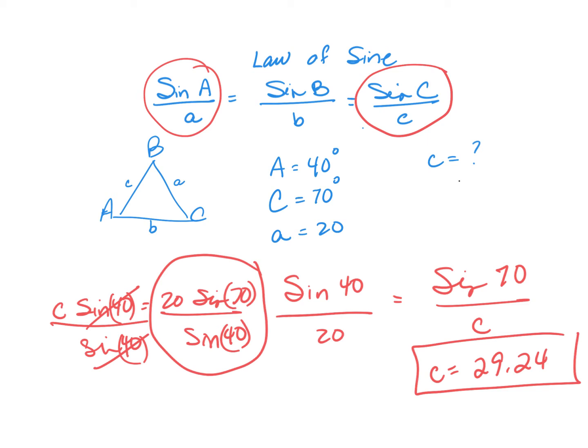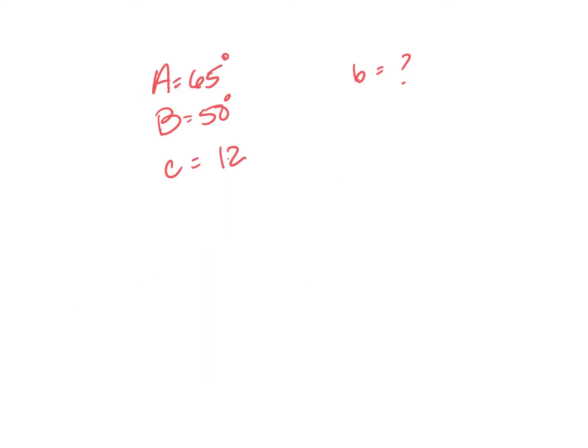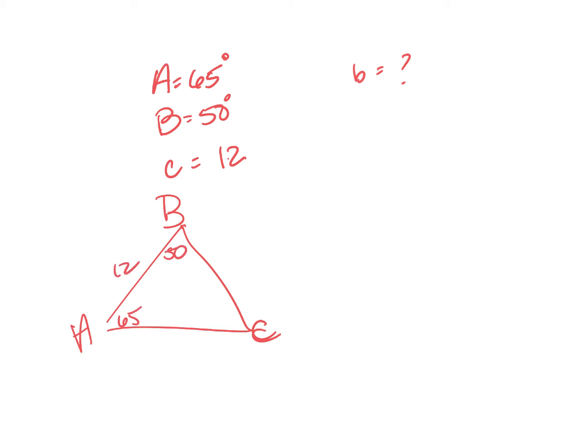Okay? But sometimes they ask you for the angle. I'm going to draw the triangle again. It's ABC. I have big A is 65, big B is 50, and little c is 12. And they want me to find little b.